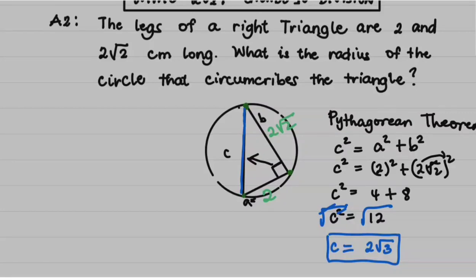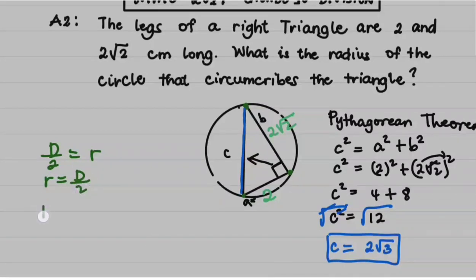The longest chord is the diameter. We will divide it, since the radius is just half of the diameter. So we have d over 2 equal to our radius, or r is equal to d over 2.